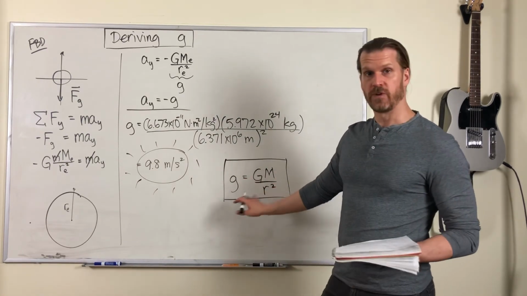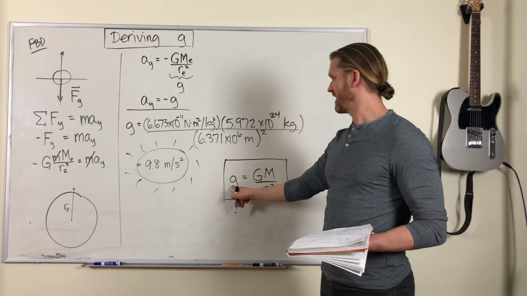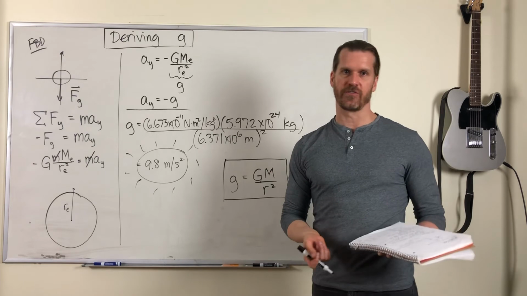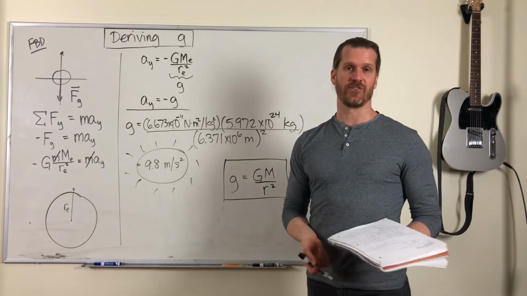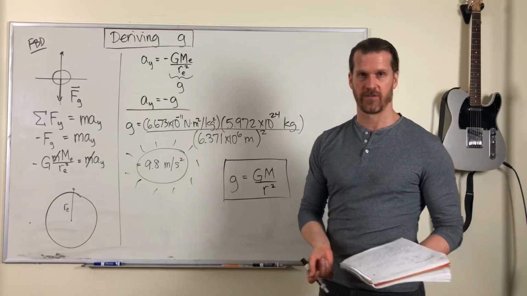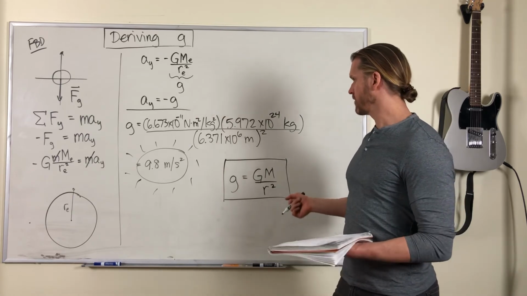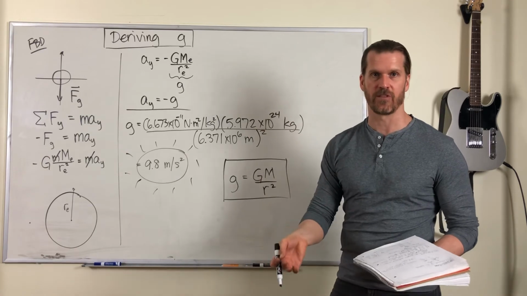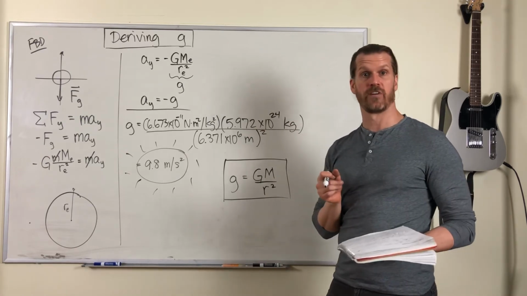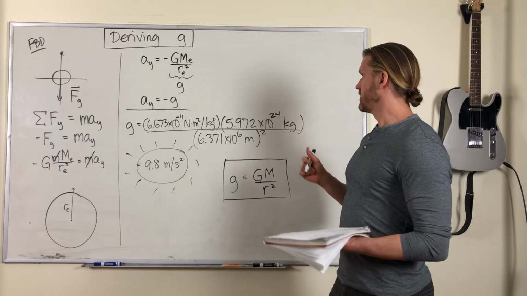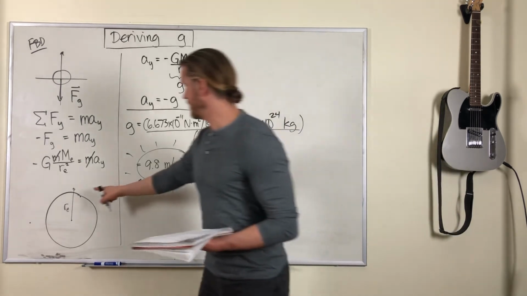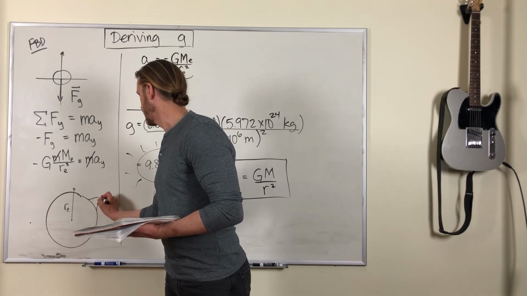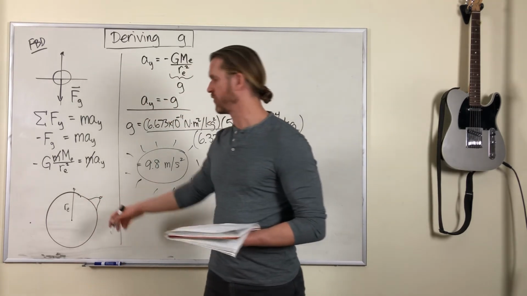So this means that we can actually calculate a g, or free fall acceleration, for all sorts of other objects and situations beyond just being at the surface of planet Earth. For starters, you could figure out what g is, how fast an object would accelerate, if you were on top of a very tall mountain. Because if you were on a tall mountain, maybe there's a mountain peak on Earth, and there's your ball.